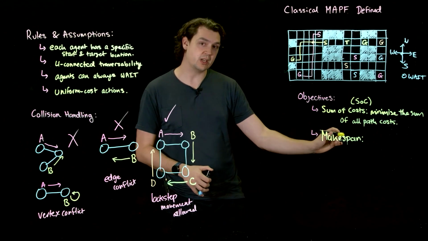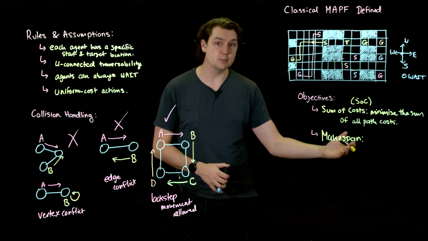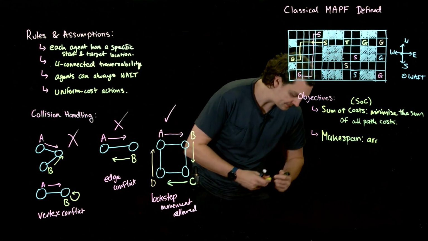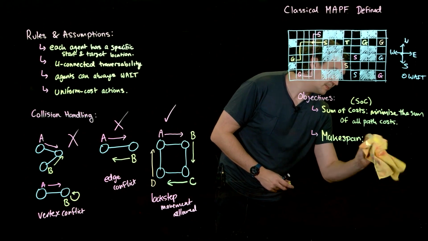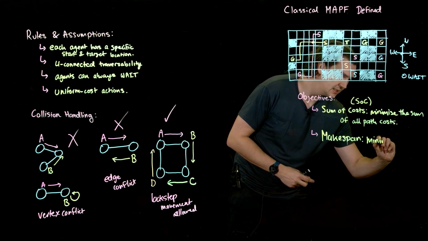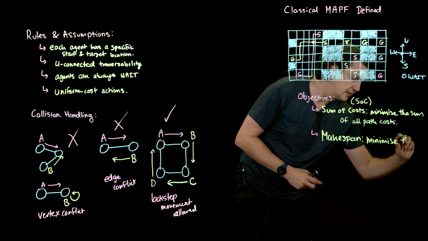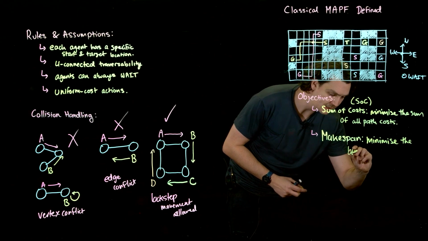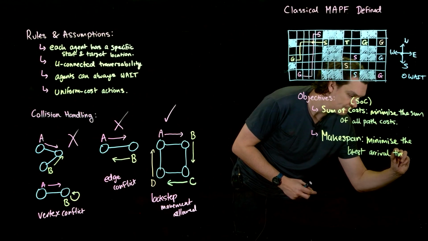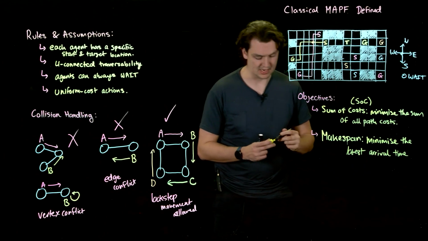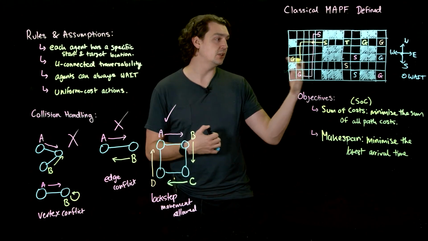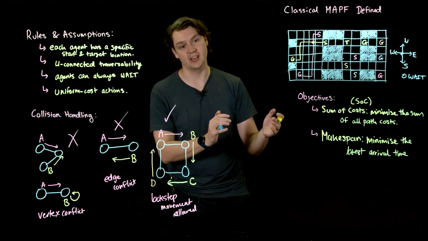So what you would be looking at then in terms of the makespan is to minimize the latest arrival time. Right? So what is the time step that your last truck, your last agent arrived at its destination?